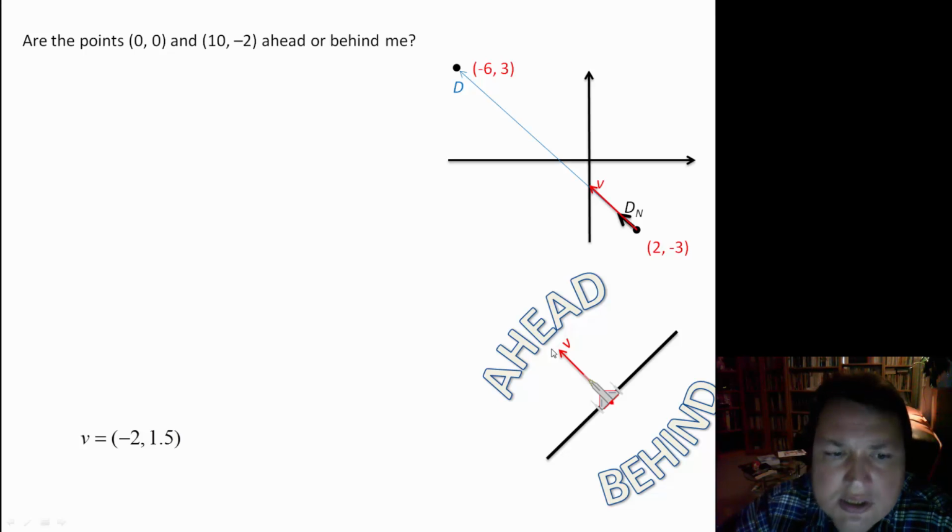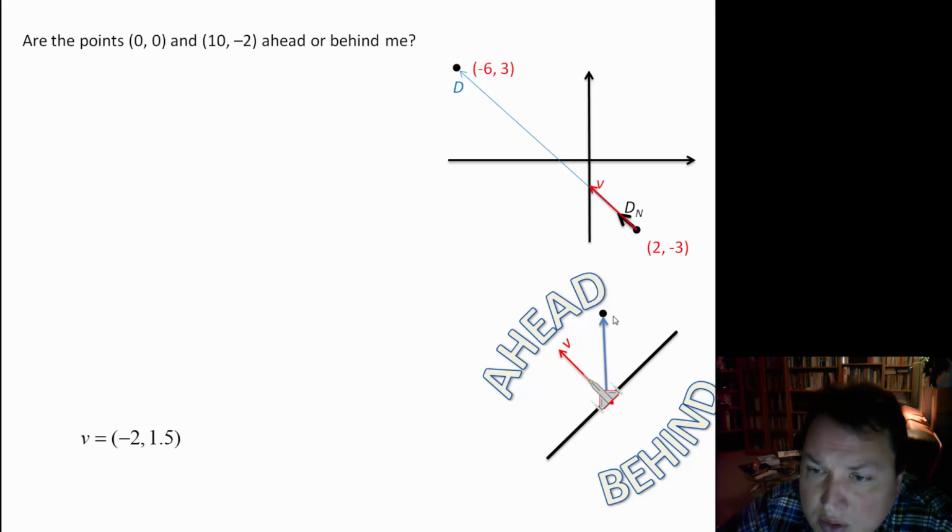With these definitions, determining whether any point is ahead or behind me is just analyzing its relationship to the velocity vector. So it's the angle between the velocity vector v and this blue displacement vector for any particular point. If this angle is acute, like here, this means that the point is somewhere ahead of me. If this is an obtuse angle, like in this case, this is behind me.